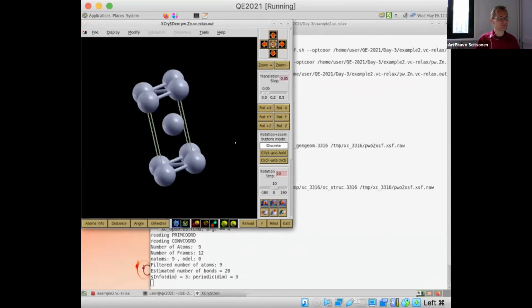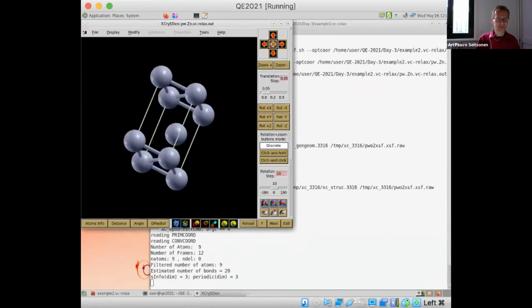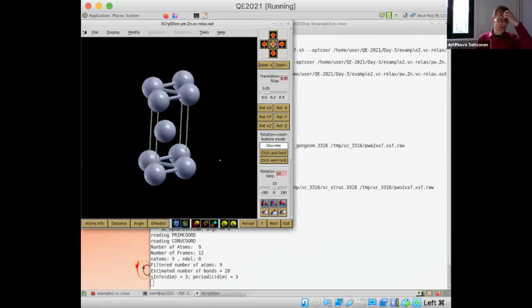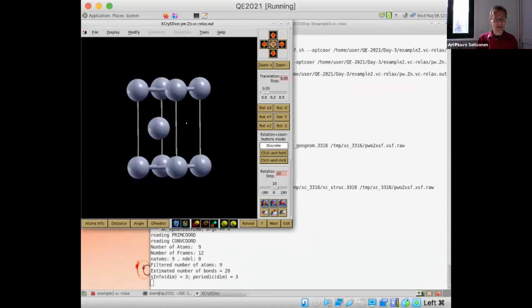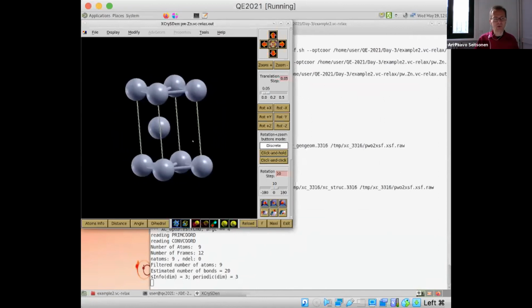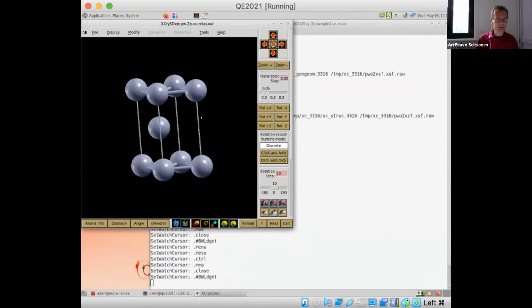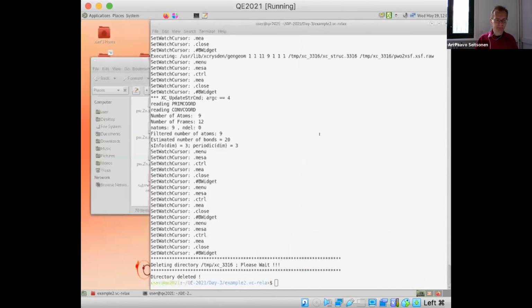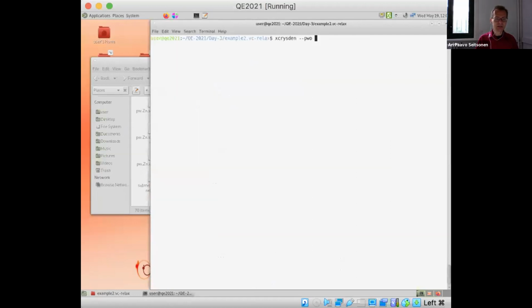So this is the HCP crystal. Not very interesting as such. And as I mentioned, the symmetry is so high that there are no internal degrees of freedom. So let's have a look on the, just reading a little bit the output file.